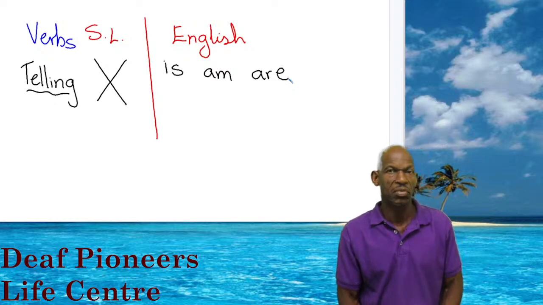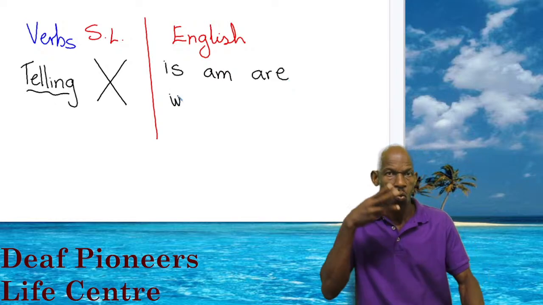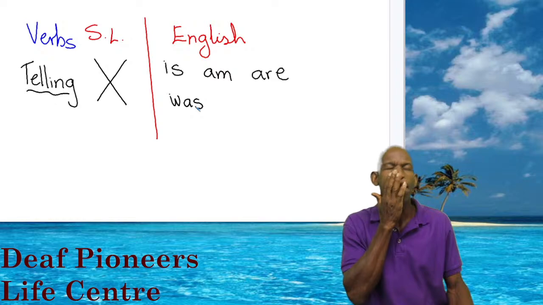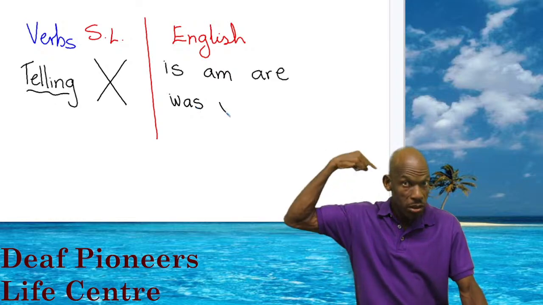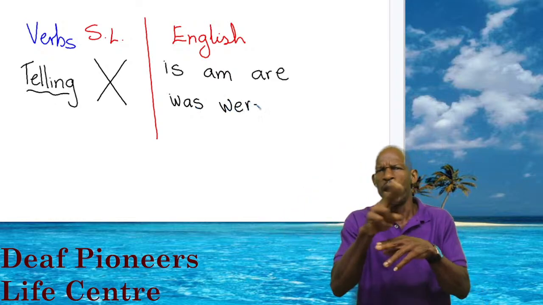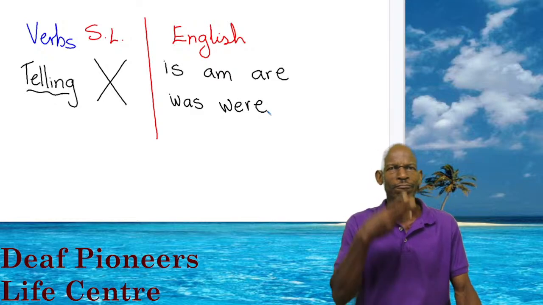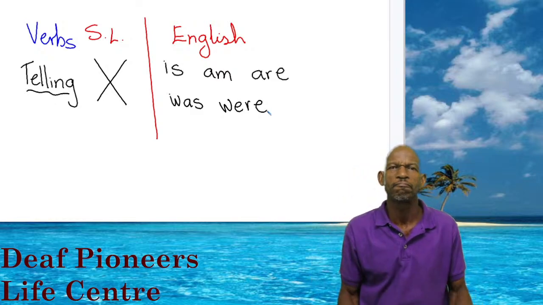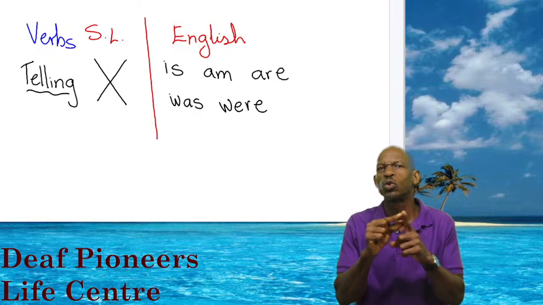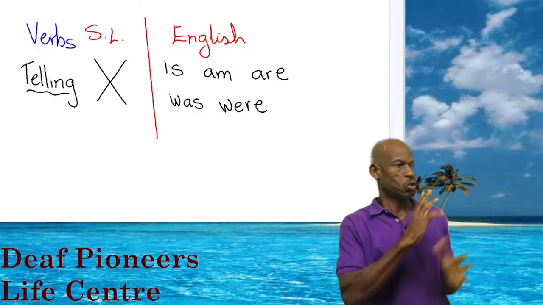We do not use was. We'll put it in the past tense because we have signs for it, but we don't use it in sign language. Were. We do not use these words to sign when we are in sign language.